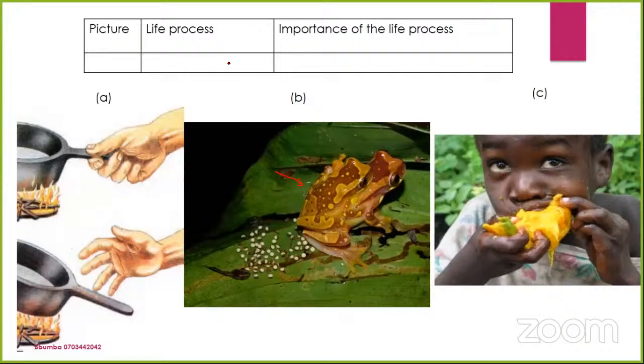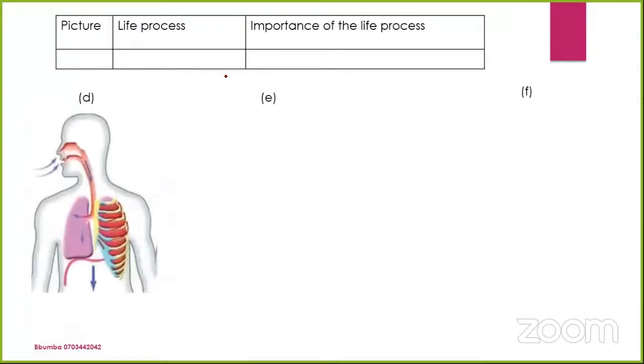Bright, that's nutrition. And then we can also look at life process D. Amanya Tricia. Yes, Amanya. Breathing or respiration. Thank you very much, Amanya. That is actually correct. Then we can go to another.